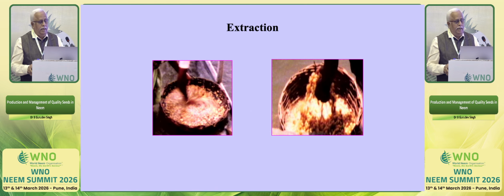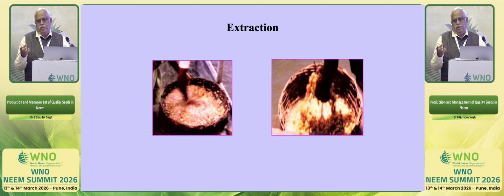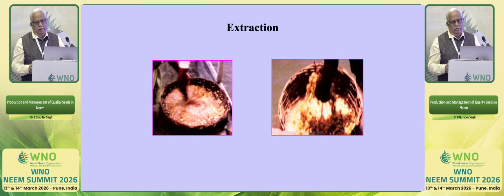we extract the seeds. Extraction of the seeds is done by rubbing the fruits and brushing them against the baskets. Thoroughly wash it, and for removing the pulp, we are using fine sand.